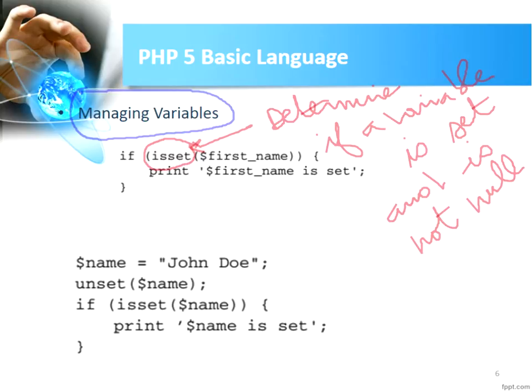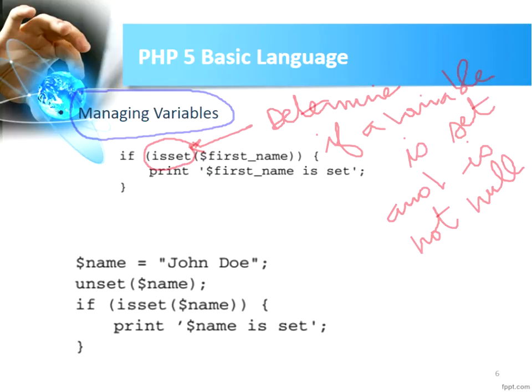Okay? So if isset first name, print first name is set. Is it clear? Okay. So PHP offers some predefined functions like isset, and for example this function determines if a variable is created or is set and it is not null.